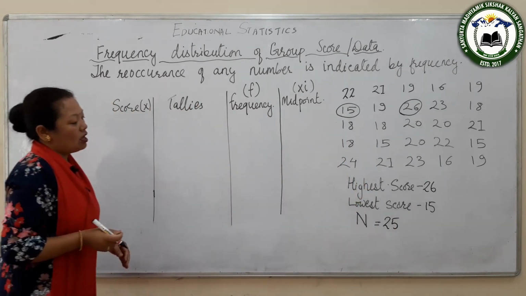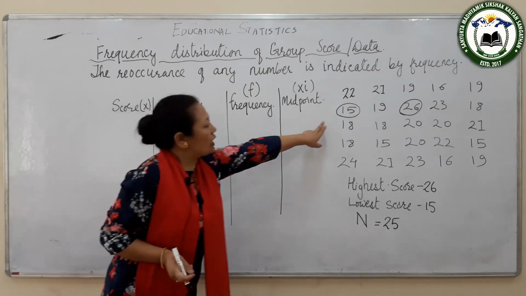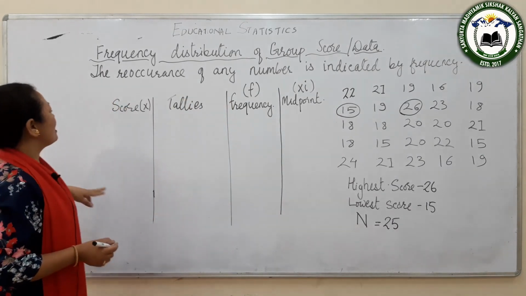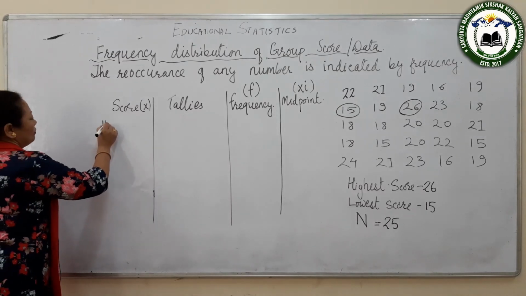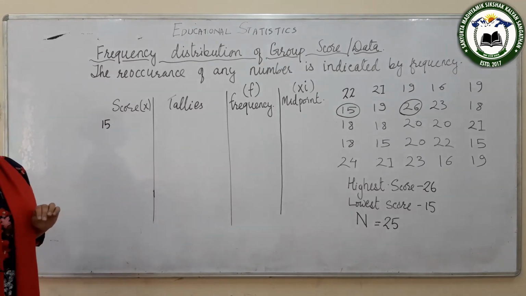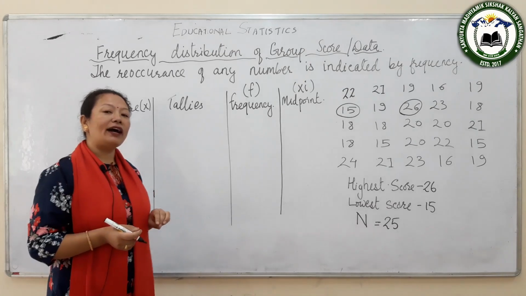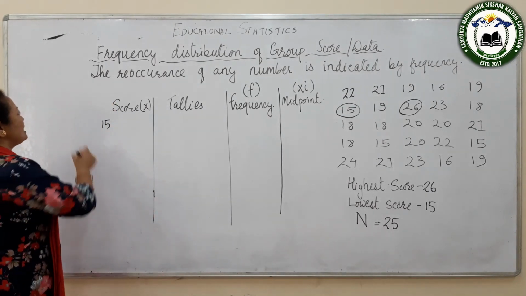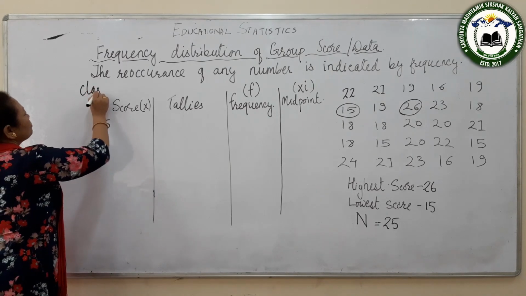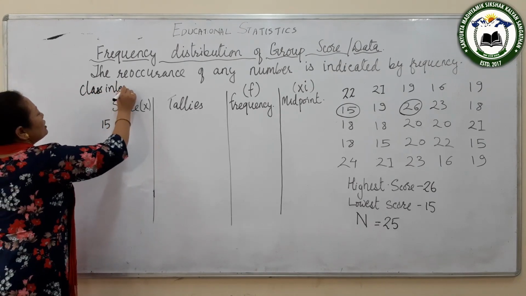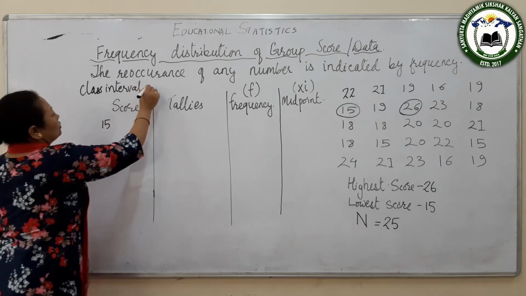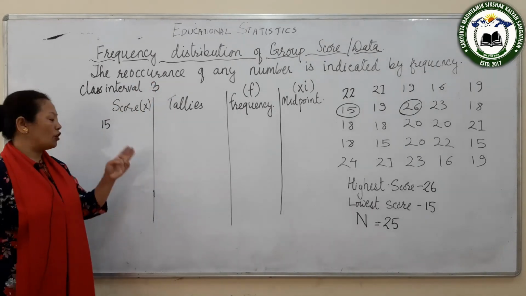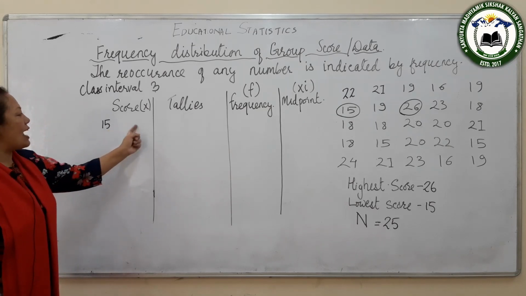25. Now we know that 15 is my lowest number, so I'll start with 15. But over here, I need to take the class interval of either 3 or 5. First we will take a class interval of 3 numbers. From 15, you count 15, 16 and 17.